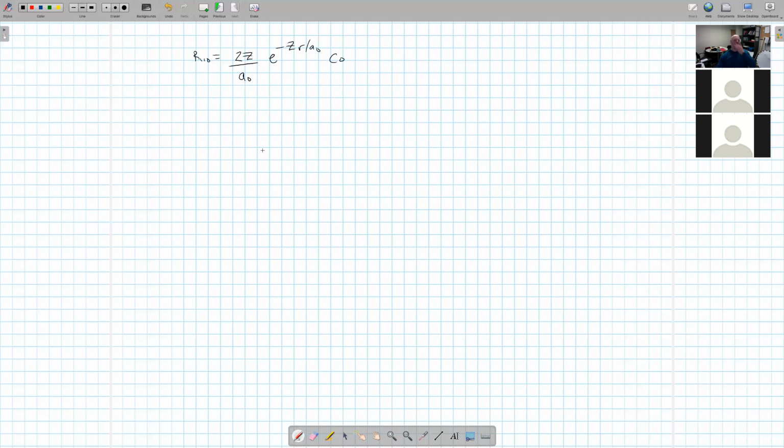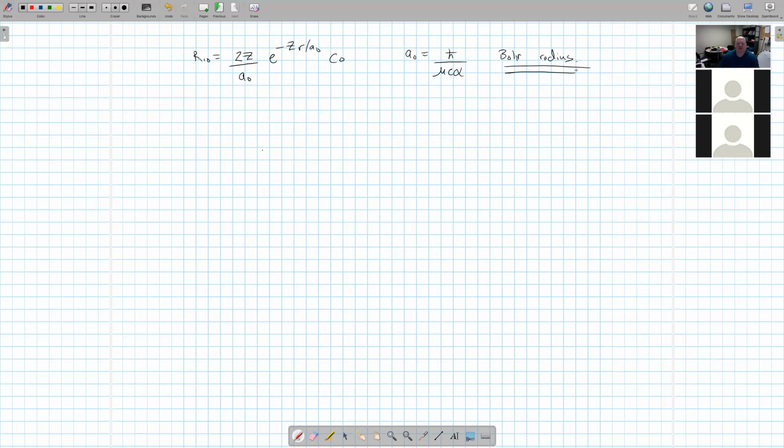So this is my R_10 term, where a_0 here is equal to h bar divided by mu c alpha. This guy is what's known as the Bohr radius. So this is the definition of the Bohr radius.